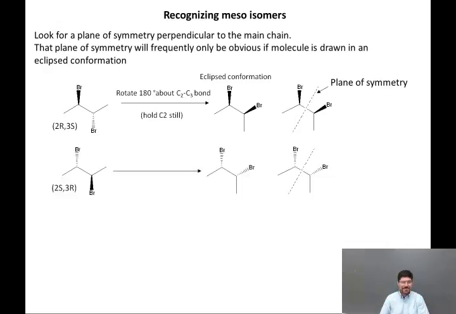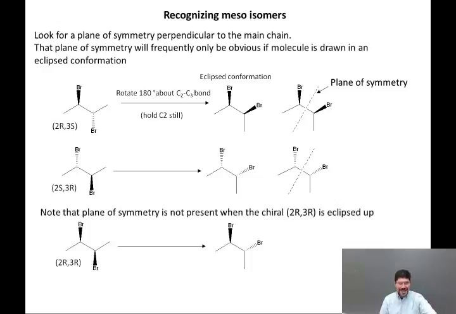Okay, I could do the same thing starting from the 2S3R structure. Rotate carbon 3 so that both of the bromines are going away from you, into the eclipsed conformation, and that plane of symmetry is still evident.